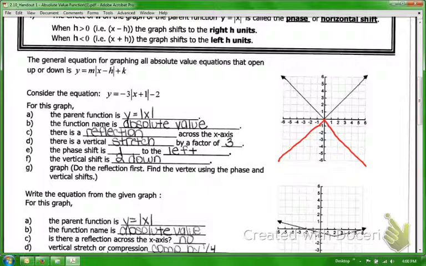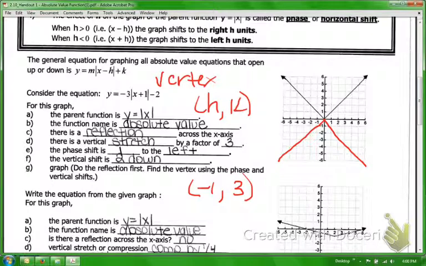The next thing we want to do is find our vertex, and this is a good one to know, it will be the point (h, k). So that means our vertex is the point where h, we said, was -1, and k is -2. So our vertex is going to be the point (-1, -2), which is right about here.